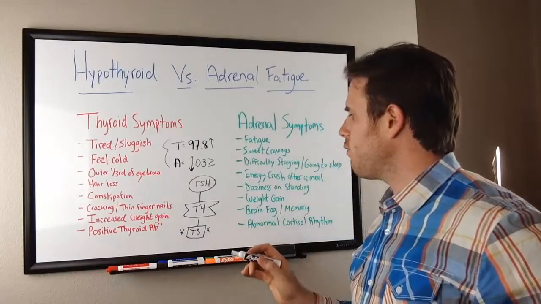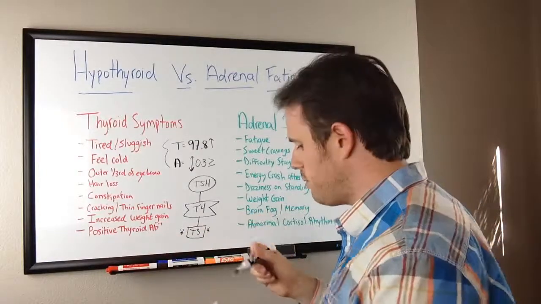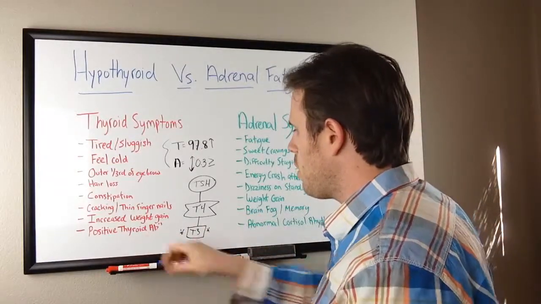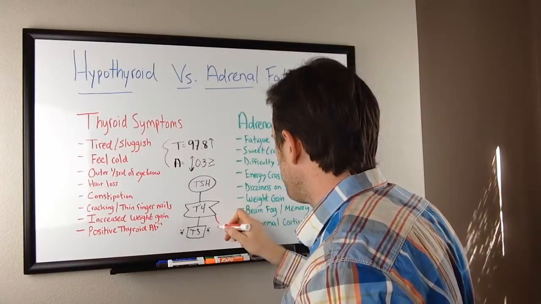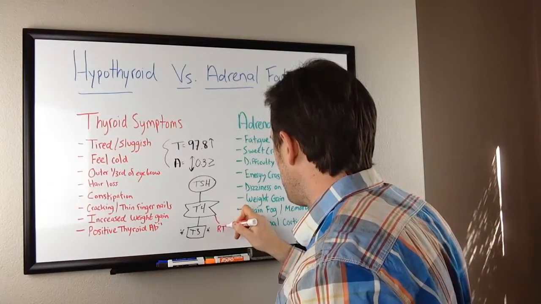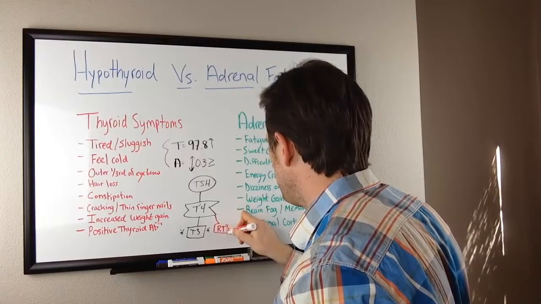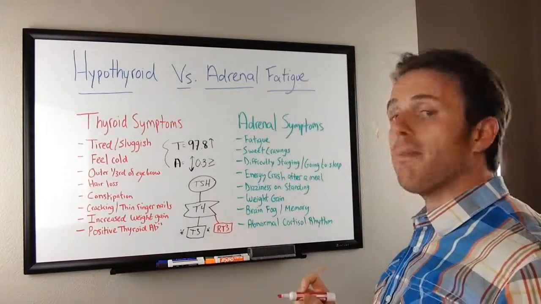Now, a couple of things. If we have too much cortisol, what happens is this. Too much cortisol will actually drive T4 into reverse T3. And reverse T3 actually slows down your metabolism.